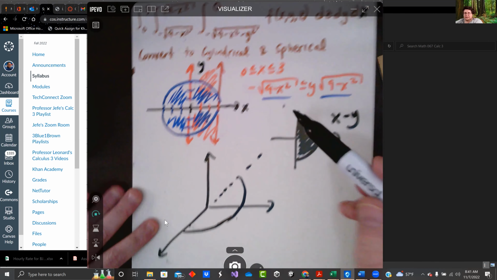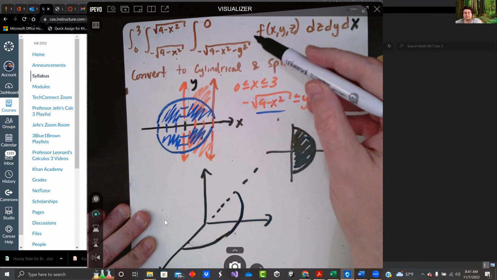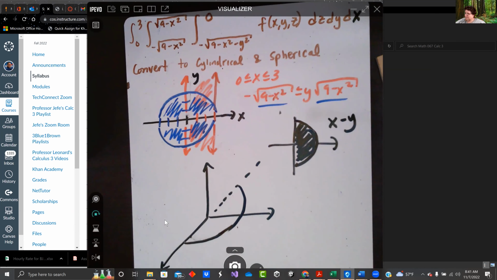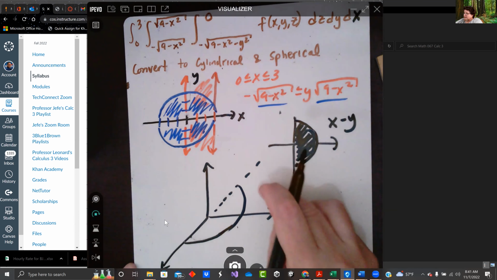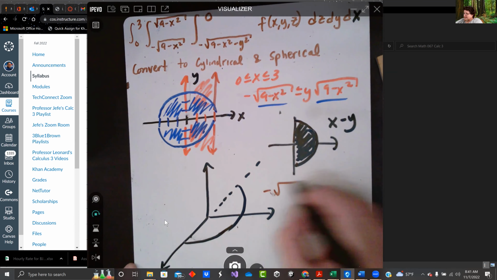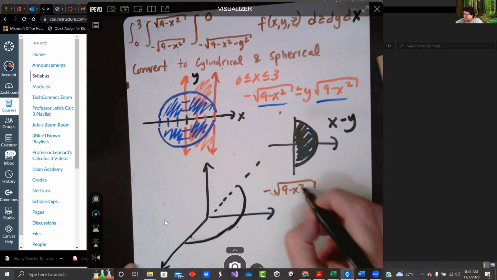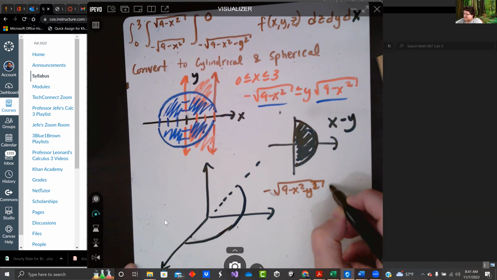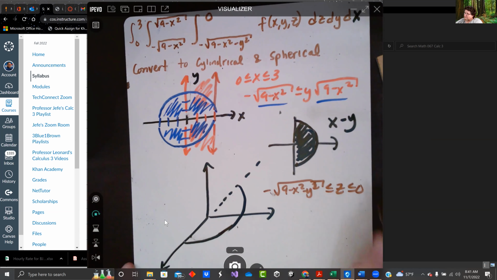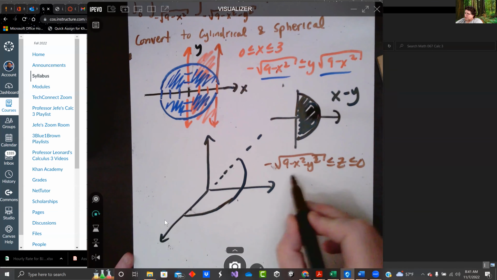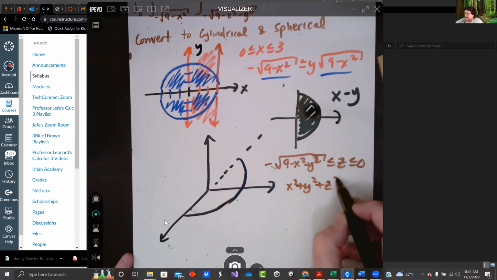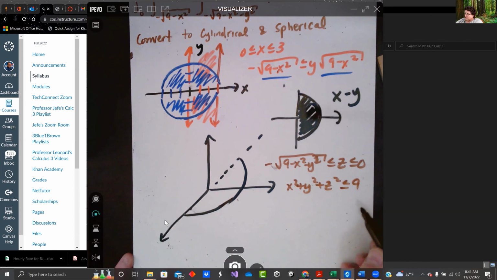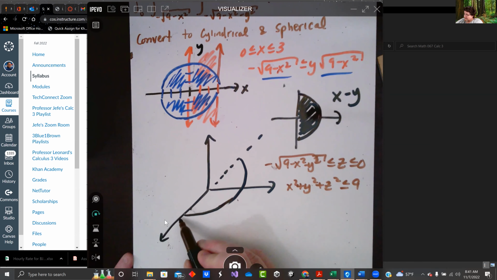Now I have to look at the other boundary condition: negative square root of 9 minus x squared minus y squared ≤ z ≤ 0. This part on the left is x squared plus y squared plus z squared equals 9. So that's a bowl of radius 3, on the bottom half.